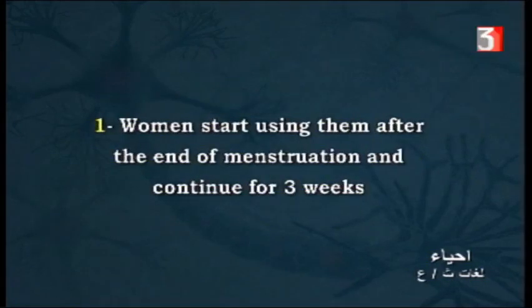Pills means tablets. Women start using these tablets after the end of menstruation and continue for 3 weeks. After 3 weeks, they stop taking these pills and allow the menstrual cycle to follow. This is the first one for how to control birth.